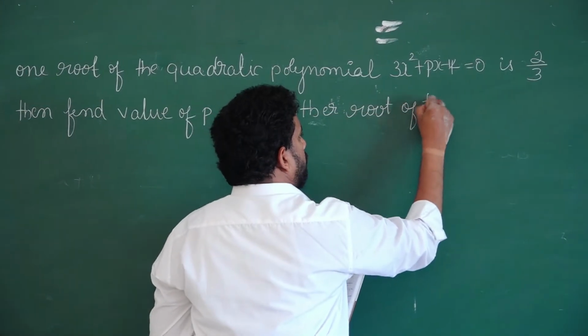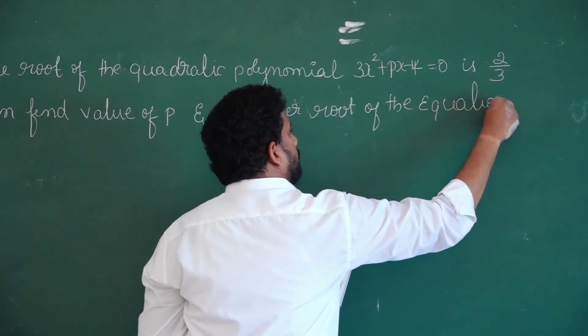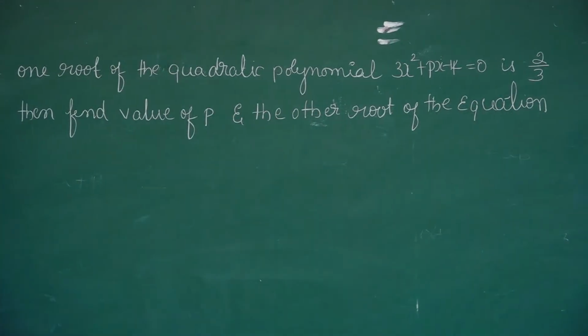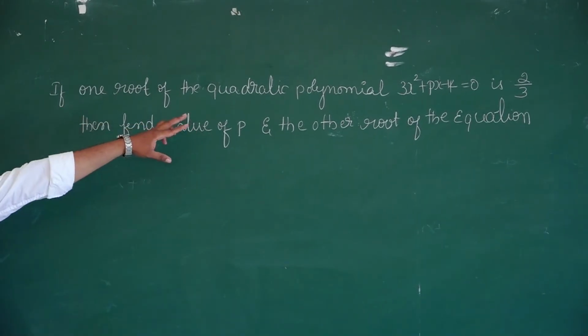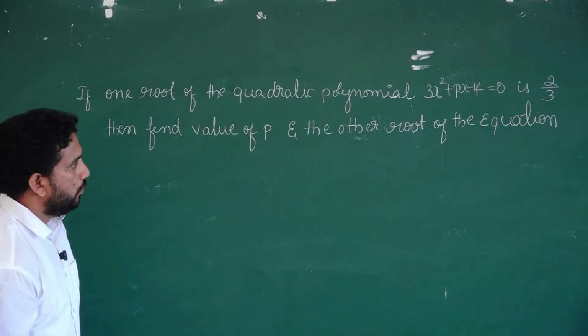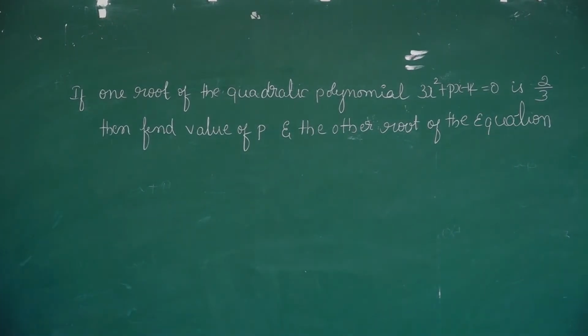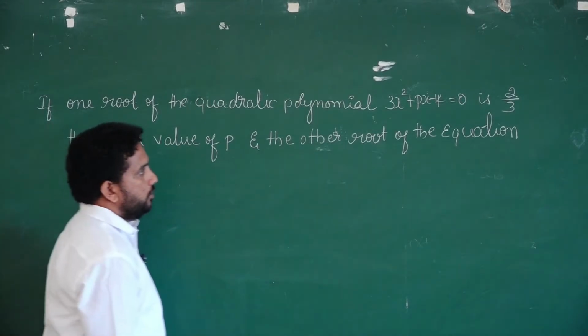So this type of question they will ask. Okay, so here one root of the quadratic polynomial 3x square plus px plus 4 is equal to 0.